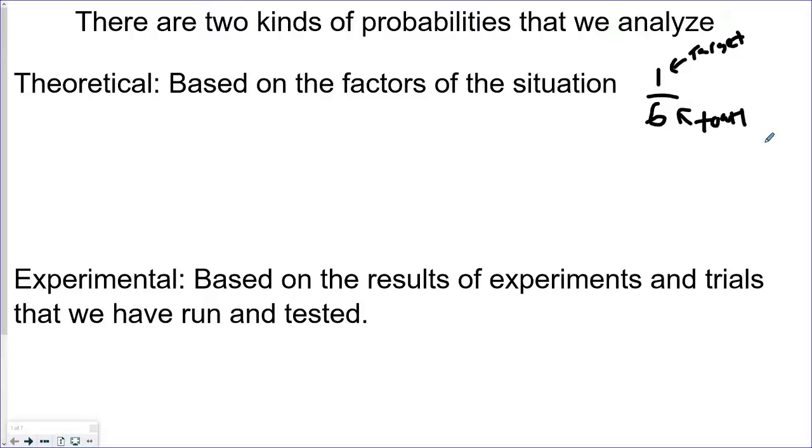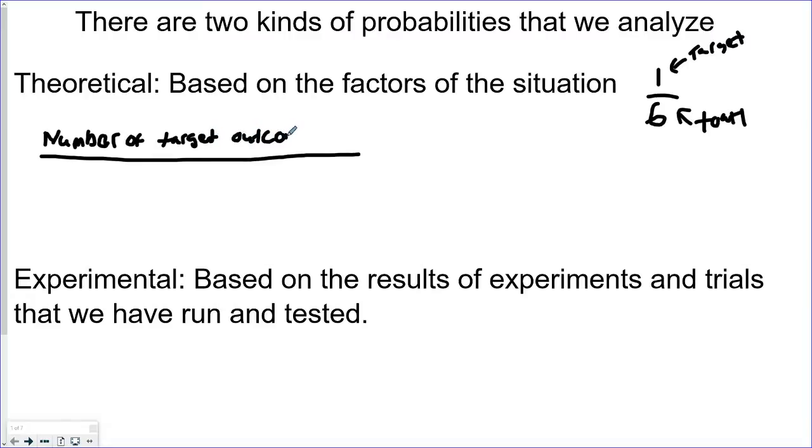So theoretical means you don't actually have to try it. Theoretical means you can just hear it, look at it, and solve it yourself. And the formula for this is usually written like this. It's a fraction, of course, and it is the number of target outcomes, which is what you're looking to get, in this case the 6.